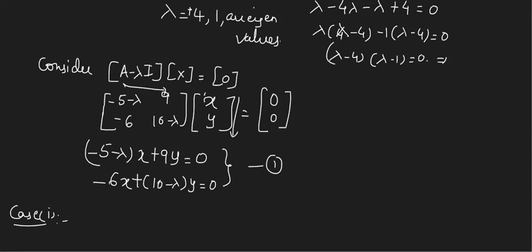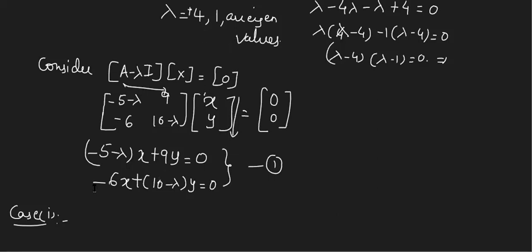Now, how many values of lambda have we got? Just see equation 1. It depends on lambda. No doubt it depends on X and Y, but to get X and Y, it depends on lambda. Am I right? So how many values of lambda have we got? 2 values.